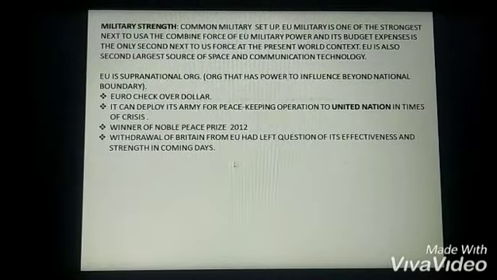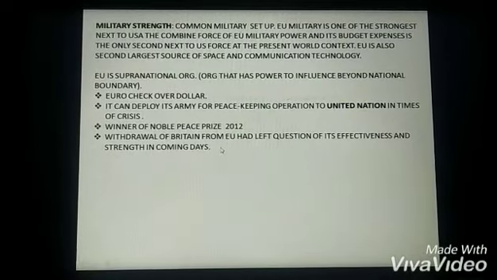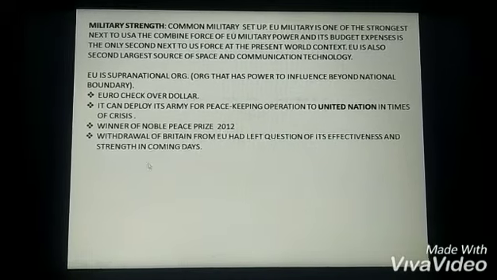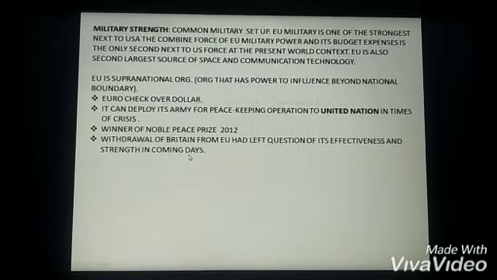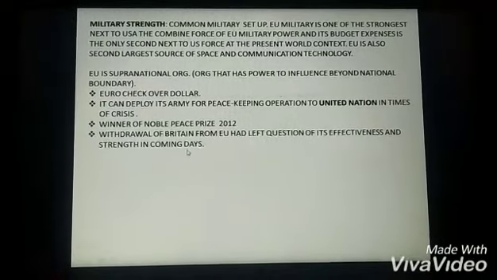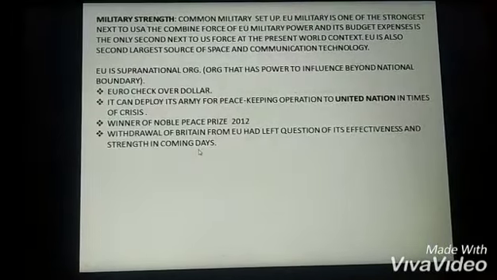However, like I told you, the withdrawal of Britain from the EU has left a caution about its effectiveness and strength in the coming days. Britain was one of the strongest members of this EU.